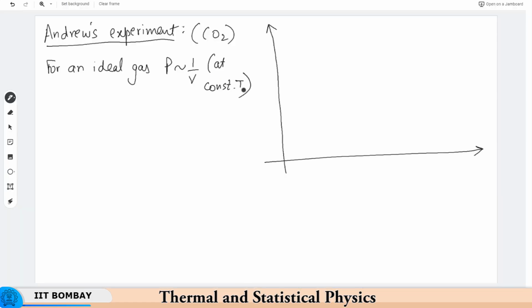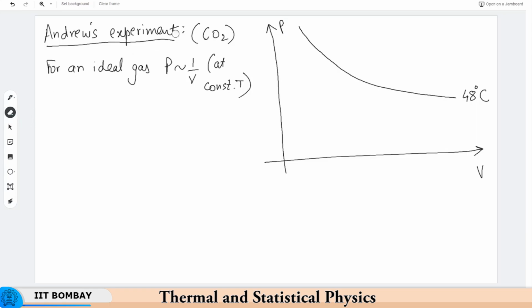This is called Boyle's law. When he performed this experiment on carbon dioxide, this axis is pressure, this axis is volume, at 48 degrees Celsius.